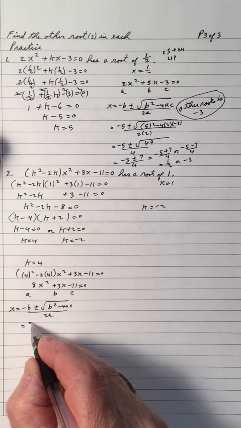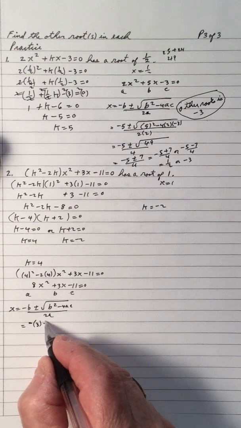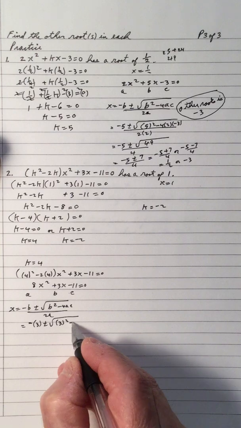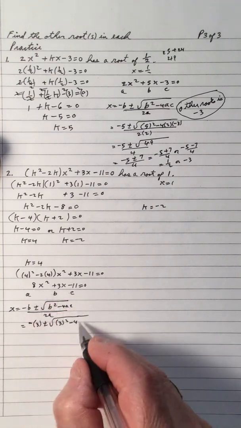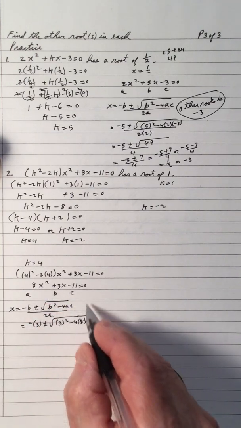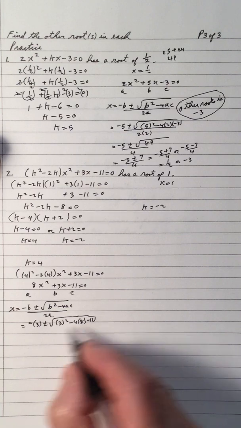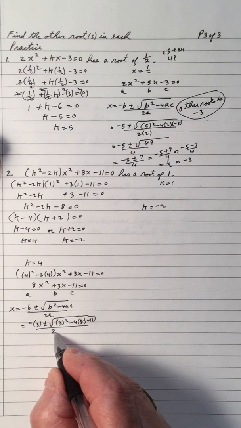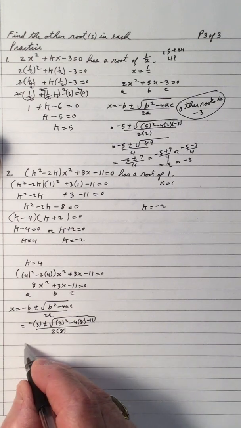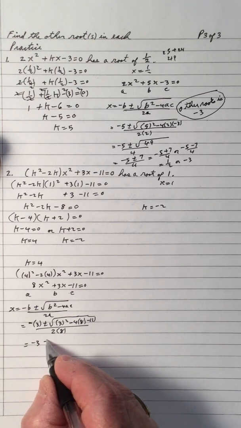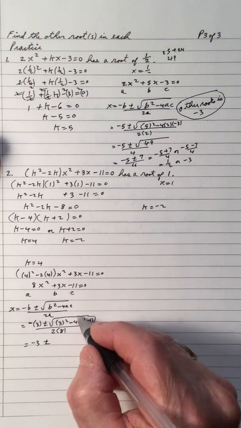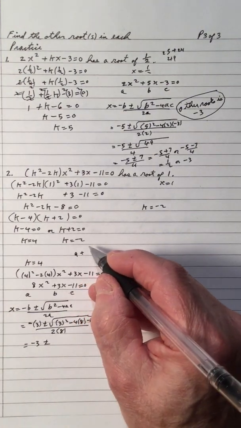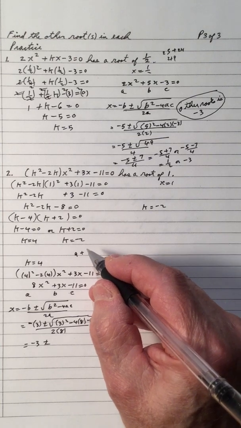So that's a negative 3 plus or minus 3 squared minus 4, A is 8, and C is negative 11, all over 2 times 8. So it's a negative 3 plus or minus, and that gives me a 9, and 4 times 32 times 11.